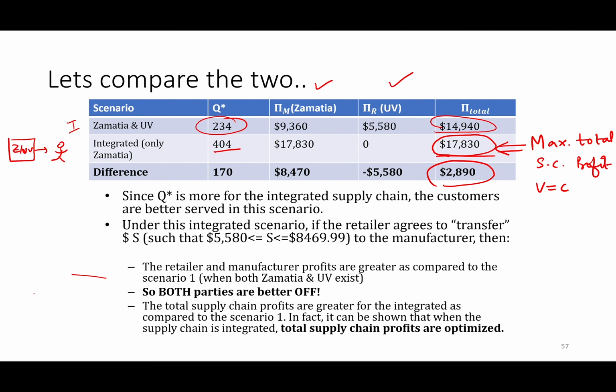So here we are saying that if we can find some kind of a way that the retailer actually transfers some amount of money to the manufacturer, then they can both remain in the market, and the total supply chain profits can be optimized or maximized. All right.